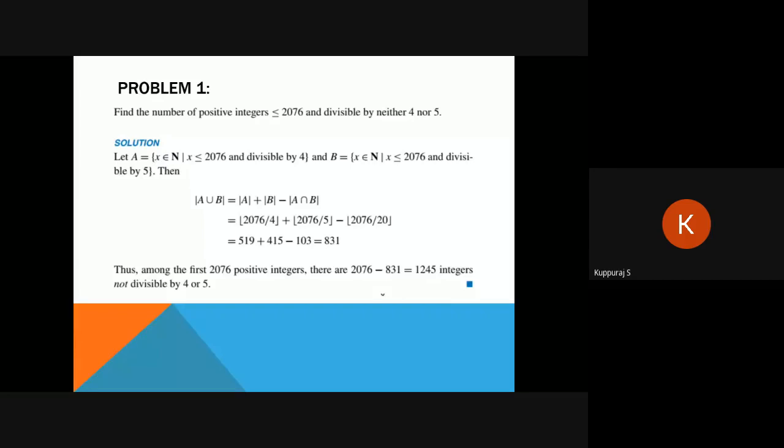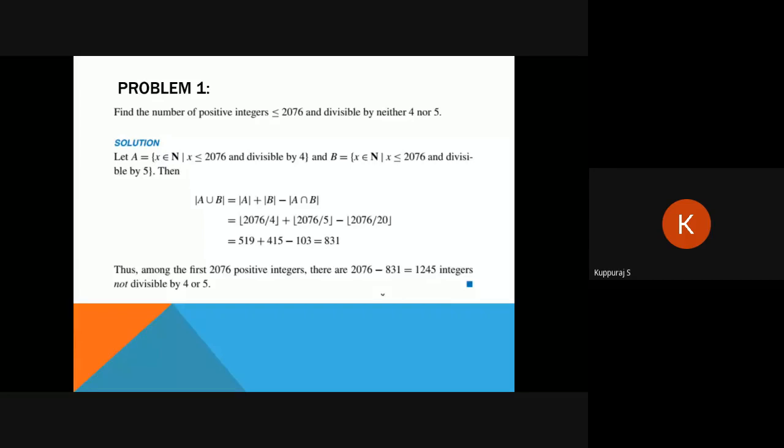Here we have to find divisible by neither 4 nor 5. So I have to choose two sets, set A and B. The set A is nothing but the set of all integers which are less than or equal to 2076 and divisible by 4. Set B, the number of positive integers less than or equal to 2076 and divisible by 5. Okay.